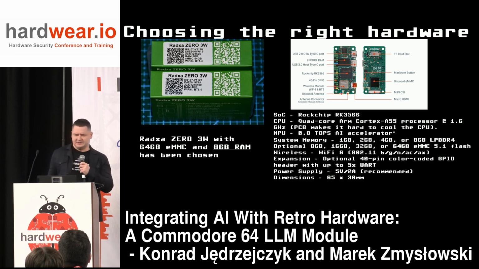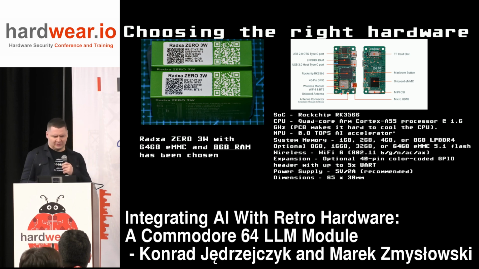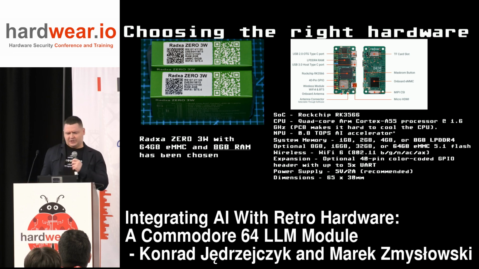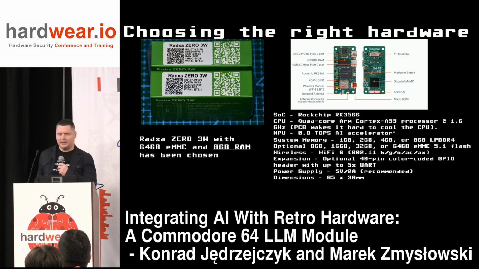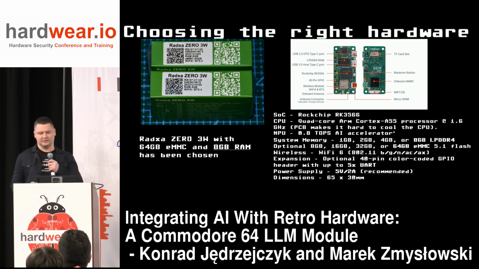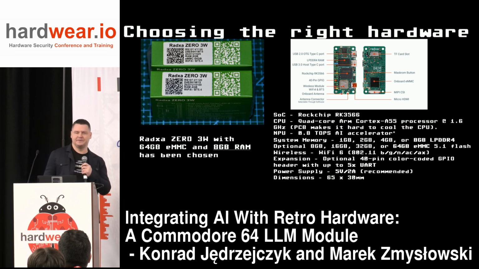It was very expensive, $120 per board, something like this. So this computer has a lot to offer, but it also has a lot of issues that we'll be talking about later. It even has an NPU, neural processing unit, which we will not be using because it is not suited for our needs in this specific design.